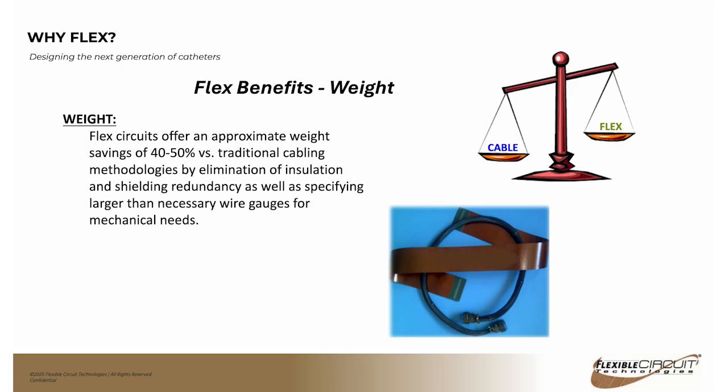The amount of weight that you get rid of is, I would say, 40 to 50% is a conservative estimate. And so for applications where you're seeing high shock and vibration or high G-force, flex circuits will survive really well, where if you had a bundle of wires and connectors, they'd fall apart pretty quickly.